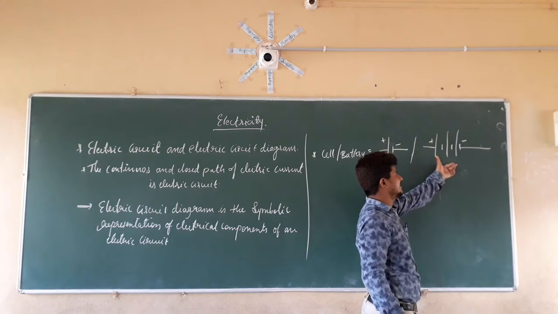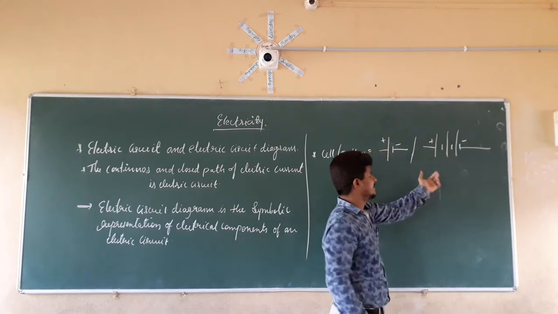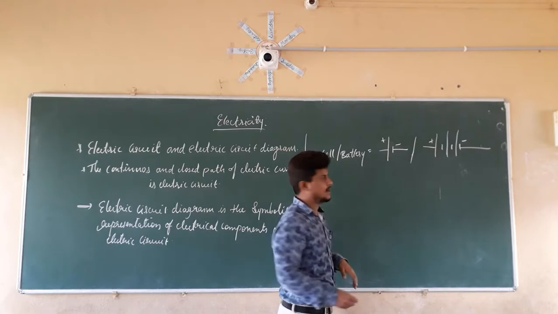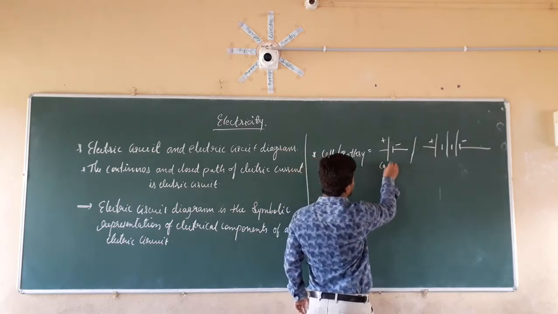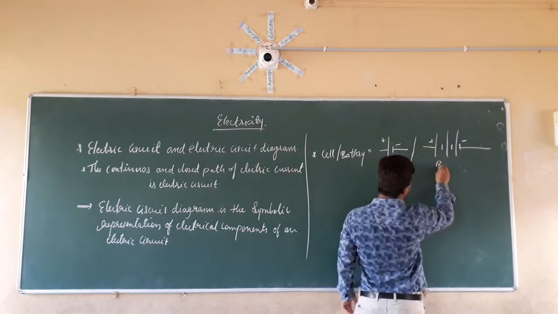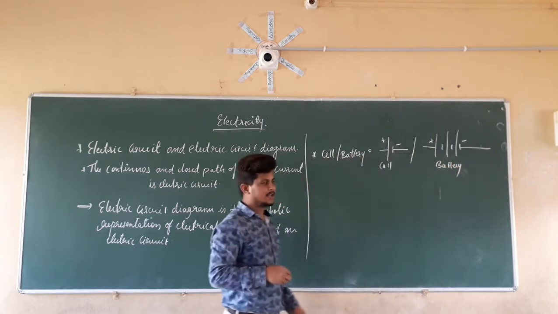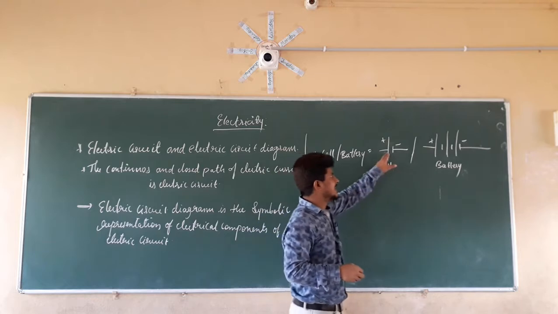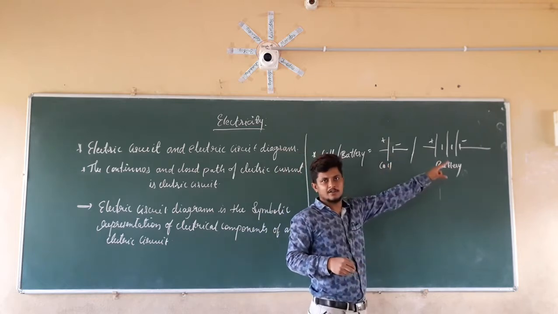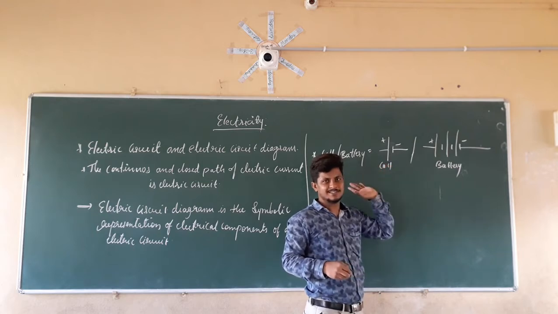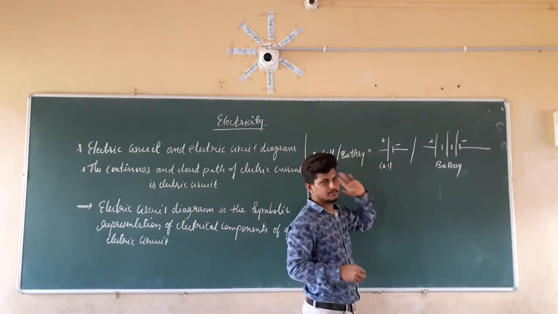This is the series connection. We take three cells connected in series and it becomes a battery. So this is the symbol of the cell and this is the symbol of the battery. While drawing the circuit diagram, we take the cell like this and the battery like this. We are not going to draw every shape of the battery or cell.